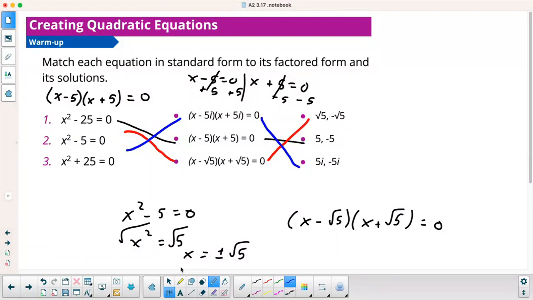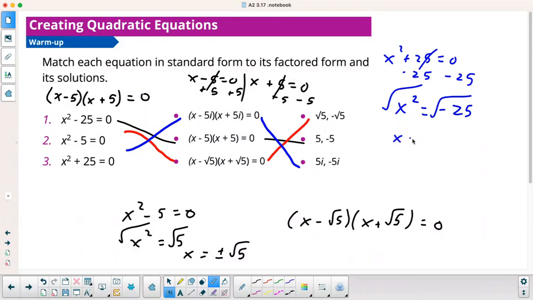Let's do it though. Come up here. x squared plus 25 equals 0. If I wanted to use square roots to find the zeros, and then I can factor it from the zeros. So we've got to put our plus or minus when we insert the square root.